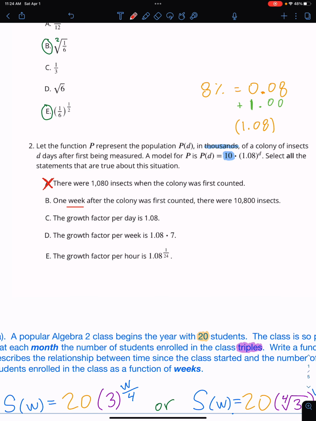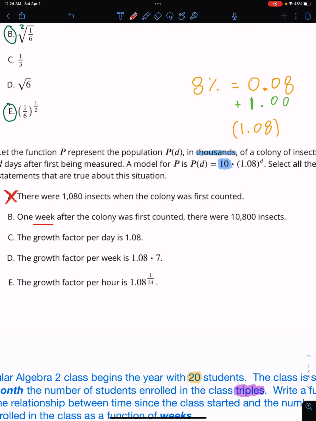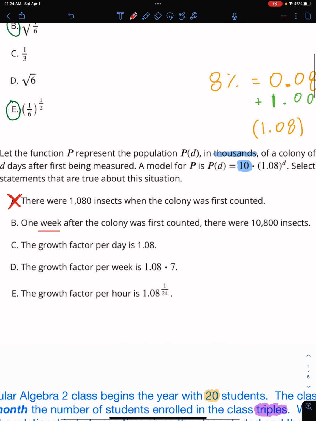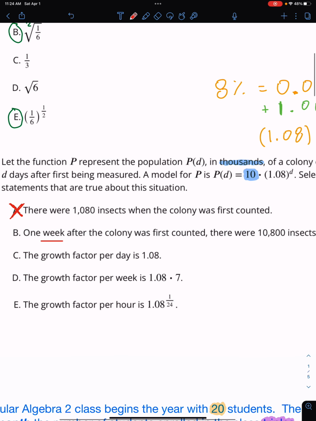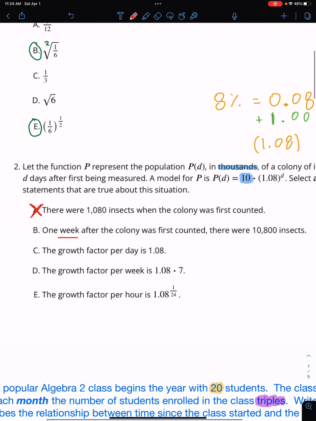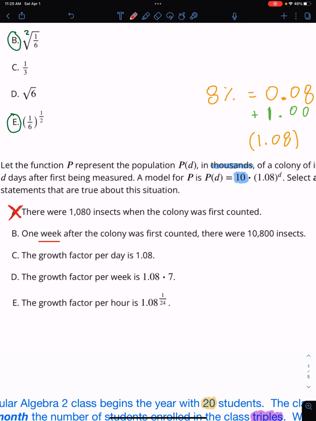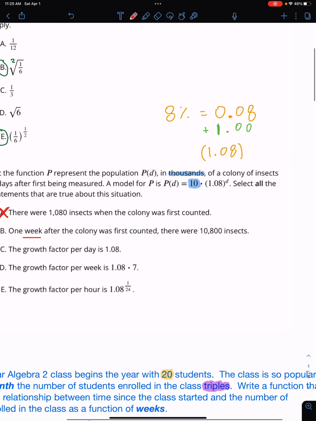One week after the colony was first counted, there were 10,800. Oh, look, and now I'm realizing part A was even more wrong than I thought. We started at 10,000, way bigger than 1080. So that's definitely wrong. But part B here says 1 week after the colony was first counted, there were 10,800. That is after 1 day.